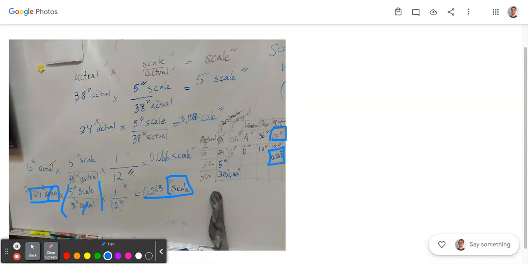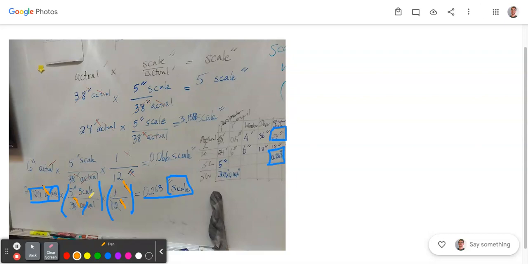Again, new problem arises. Does 1 foot equal 1 inch? No. 1 foot equals 12 inches. So our new scale factor we're going to be multiplying is 1 foot per 12 inches. Now we can cancel inches on the top and bottom, and we can cancel feet on the top and the bottom.